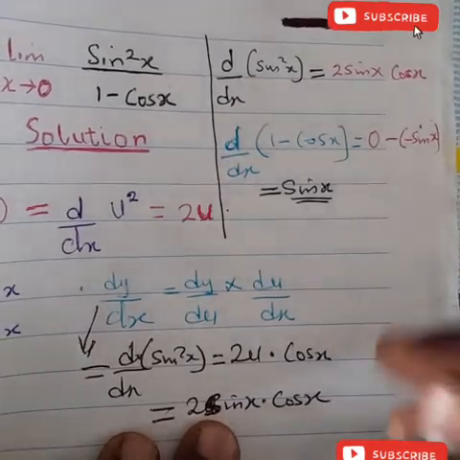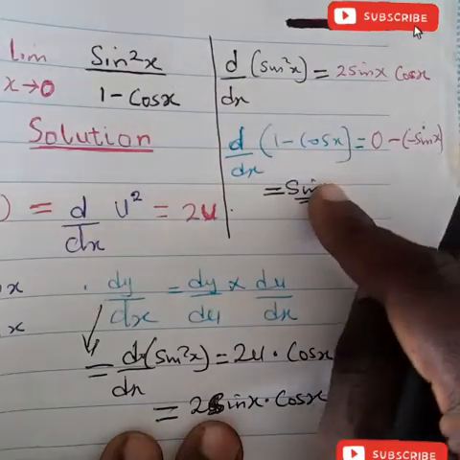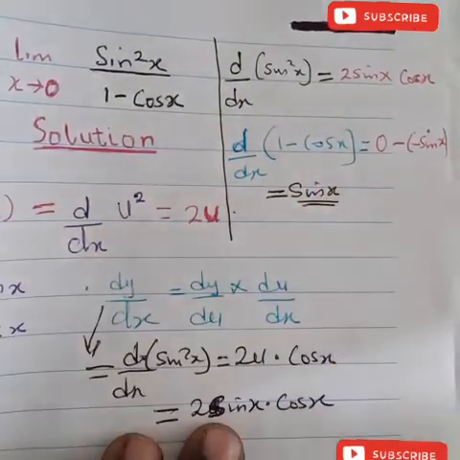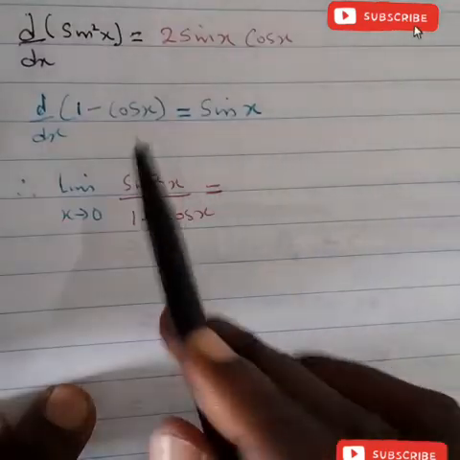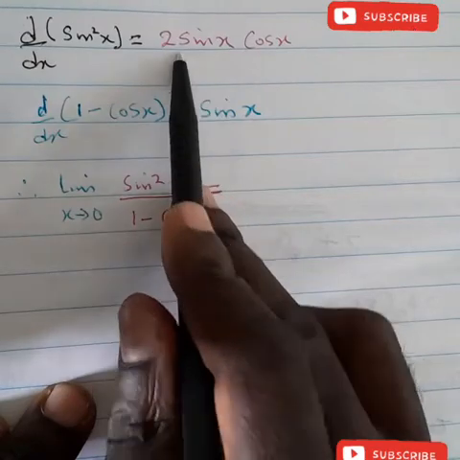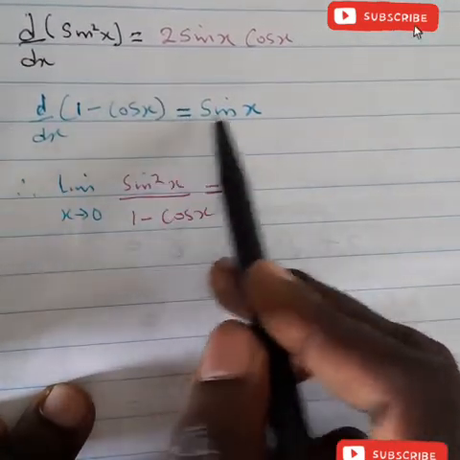So I have to go back to the limit. We have already differentiated the numerator and the denominator, so I'll place these values in. We've obtained d/dx of sin squared x as 2 sin x cos x, and d/dx of 1 minus cos x equals sin x.